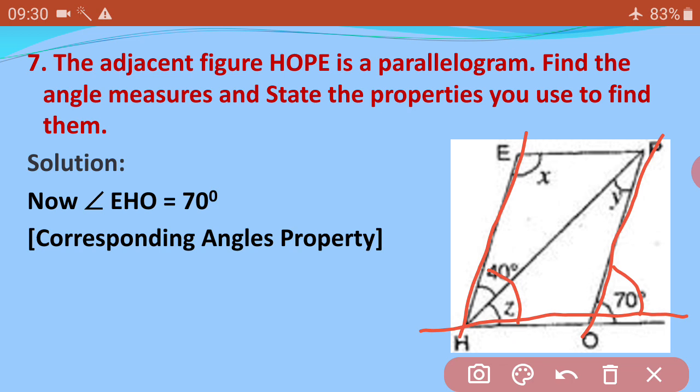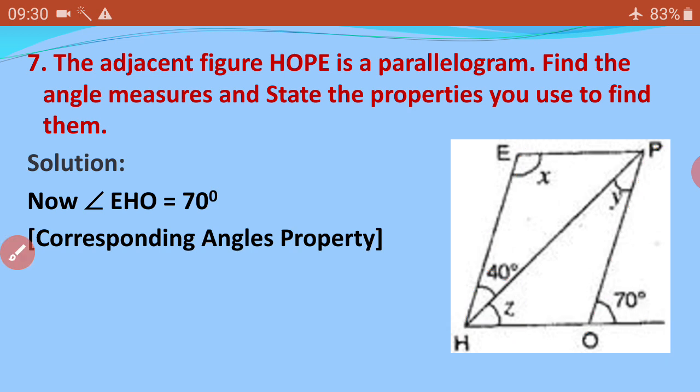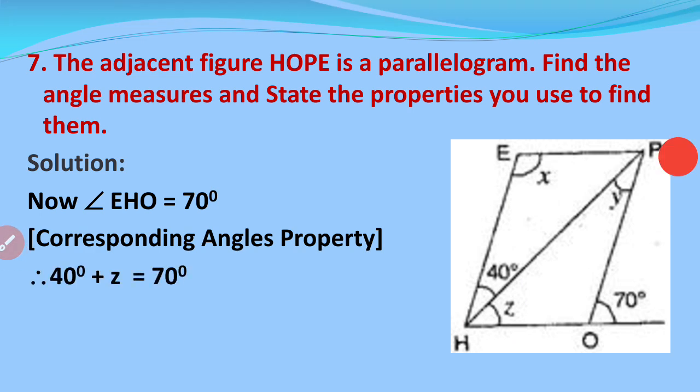They will measure the same because the lines are parallel. So angle EHO is equal to 70 degrees. We can further say that 40 plus Z is equal to 70 degrees, and this is how we get the measure of Z to be equal to 30 degrees.